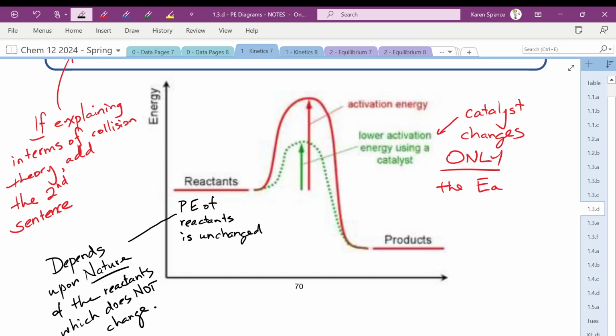But what else doesn't change on this diagram? The potential energy of the products, okay? So the potential energy of the products also stays the same. Now, you are absolutely correct, though, that the kinetic energy also does not change and the number of particles does not change.